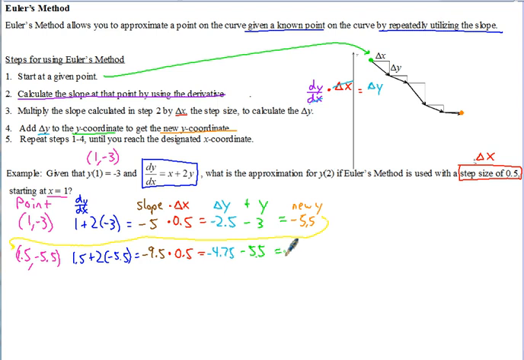That gives you negative 10.25 as your new y coordinate. And that tells you the next point: you change the x coordinate by 0.5 again, that'd be 2, negative 10.25.